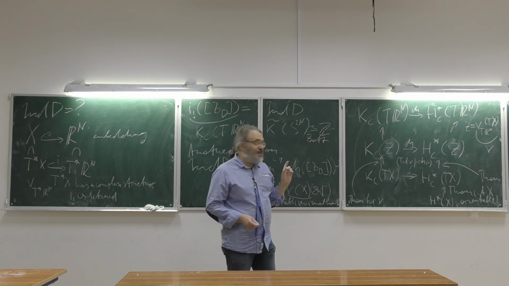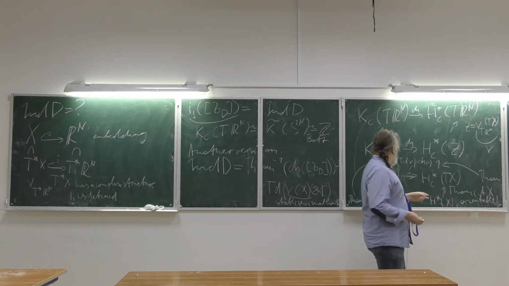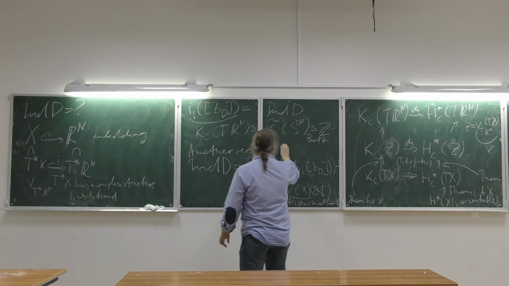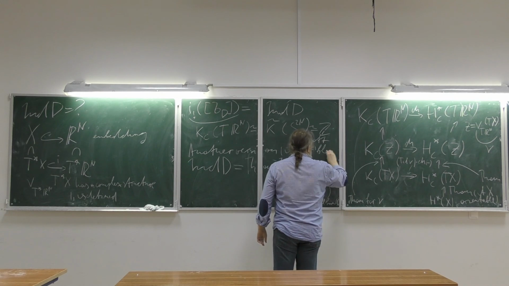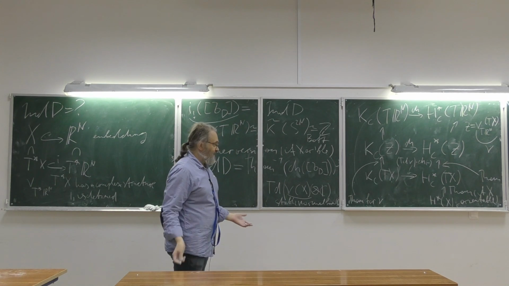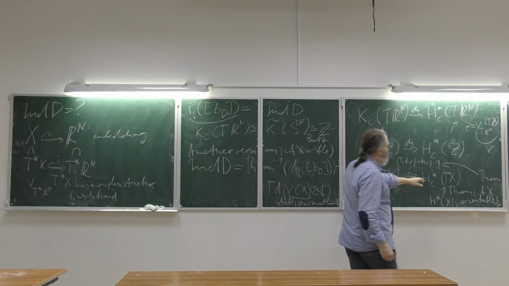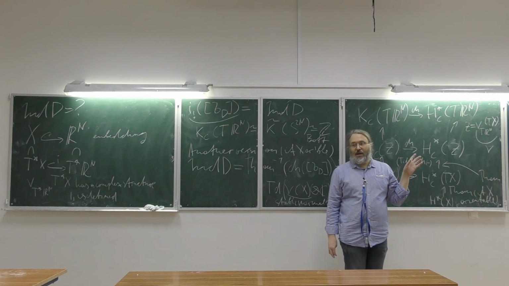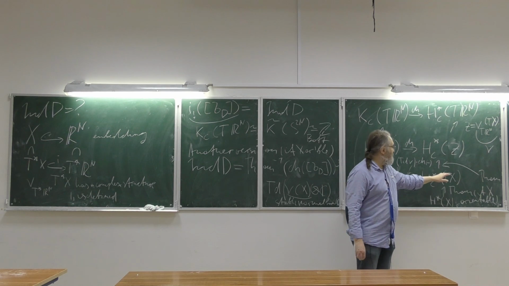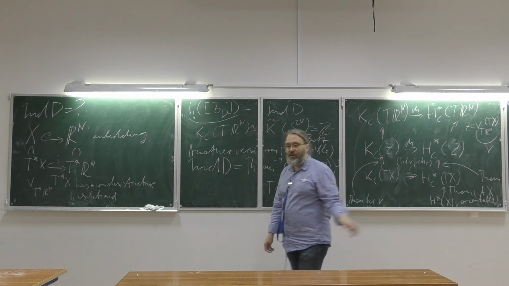And we also need the fact that the Thom isomorphism, if x is orientable in the usual sense, is linear with respect to multiplication by the cohomology of x.